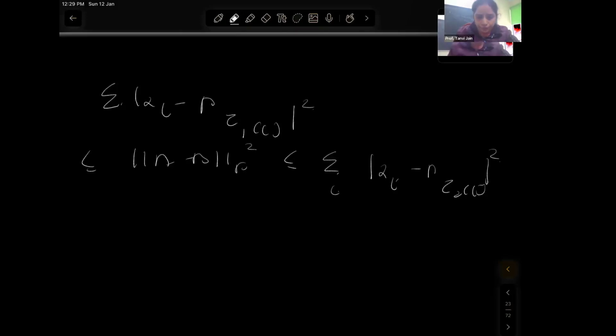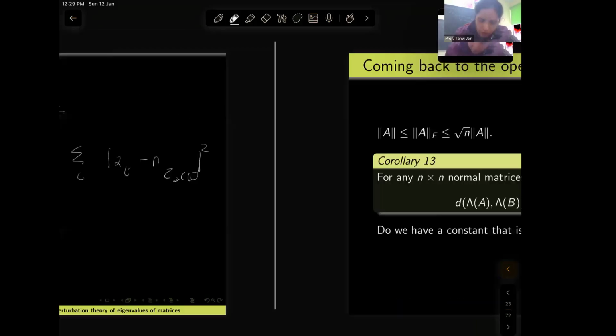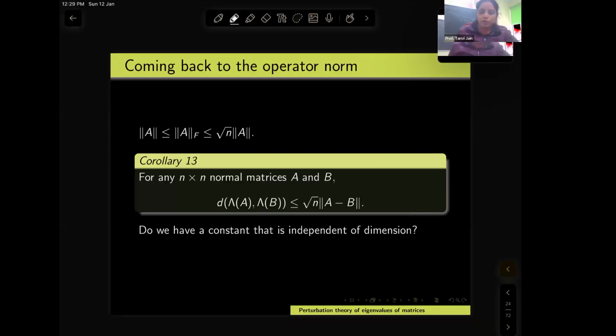Now see, we know that the operator norm of any matrix X is less than or equal to the Frobenius norm of the matrix, and the Frobenius norm is less than or equal to the square root of n times the operator norm of the matrix.